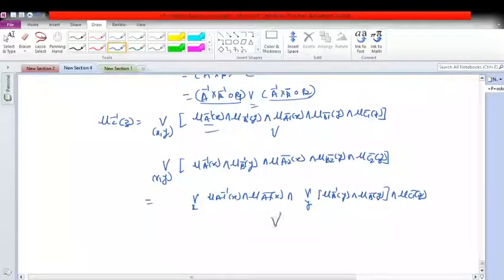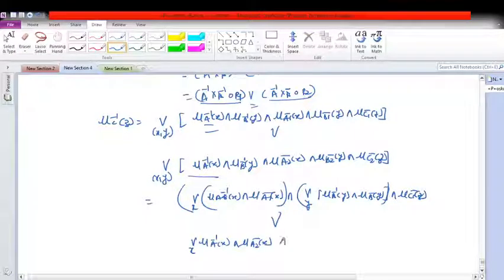Similarly I can write for rule 2 also, maximum over x of mu A bar dash of x intersection with mu A2 bar of x, intersection maximum for y of mu B bar dash of y intersection with mu B2 bar of y, and then intersection with mu C2 bar of z.